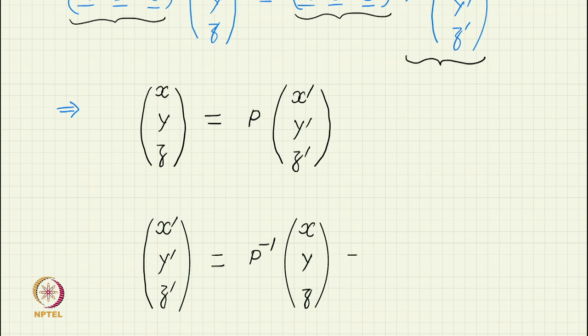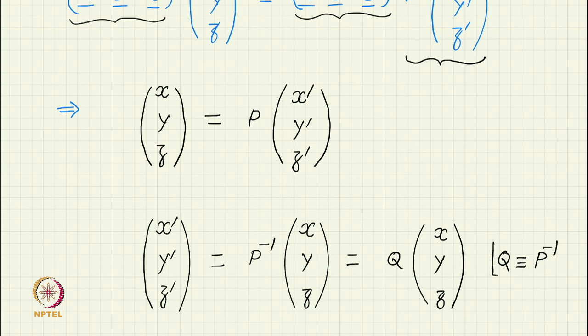So, sometimes instead of writing the inverse of the matrix, we call that inverse another matrix Q. So, we get the relation x prime, y prime, z prime equals Q times x, y, z, where Q is nothing but P inverse.